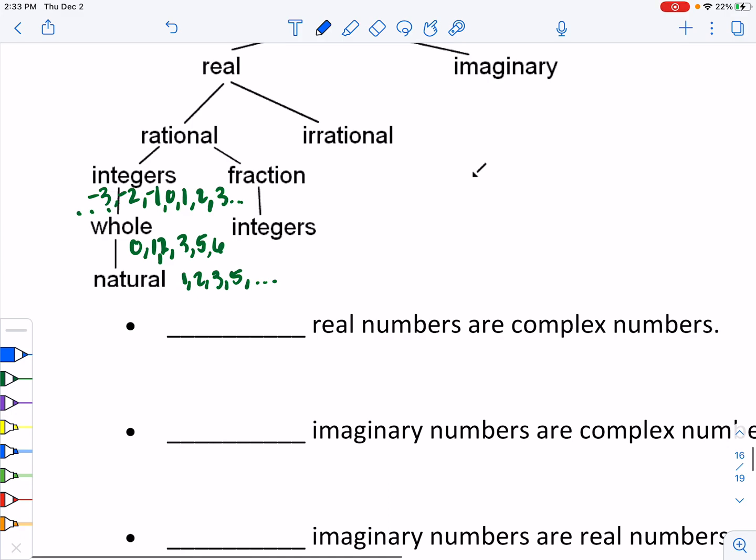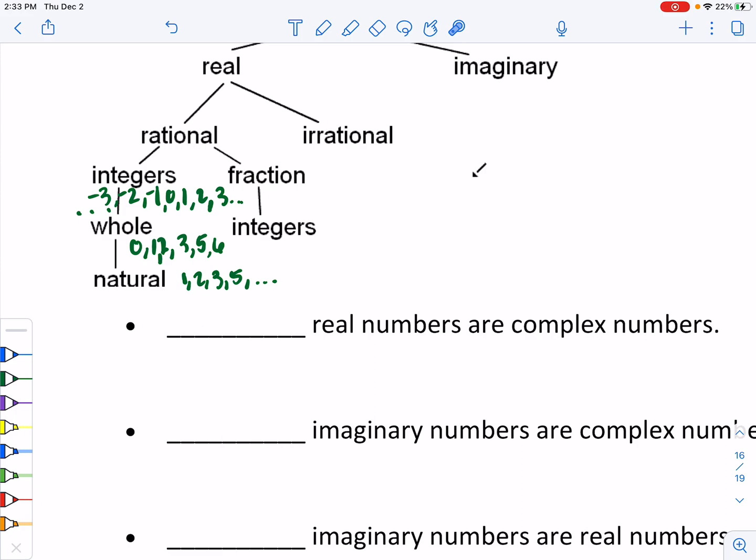A rational number includes your integers, your whole numbers, and your natural numbers, but it also has fractions, and decimals that end or repeating decimals.